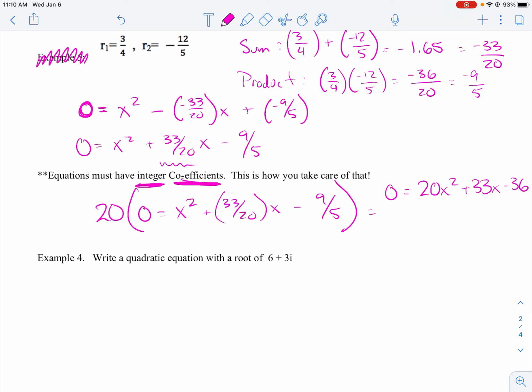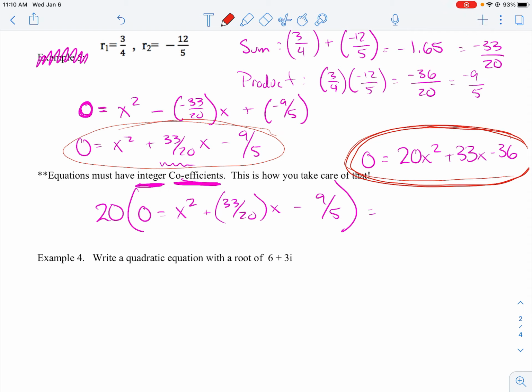Let me pull this out here so you can see it better. Circle it here for you. And so that is our answer. We cannot leave it like the fraction form. We have to have whole numbers for our coefficients.